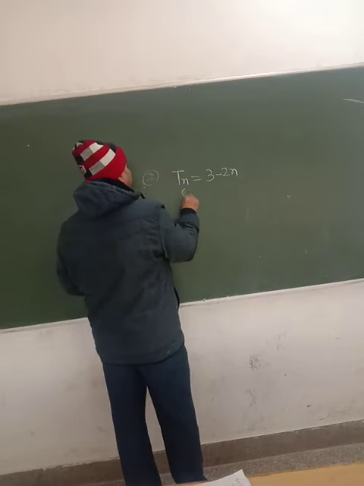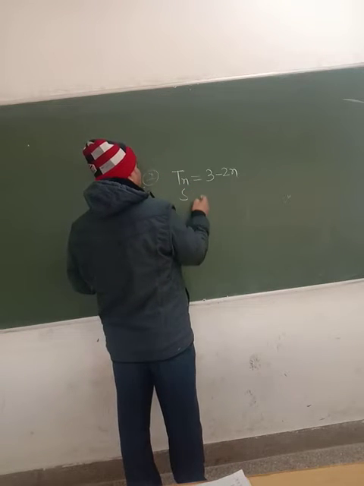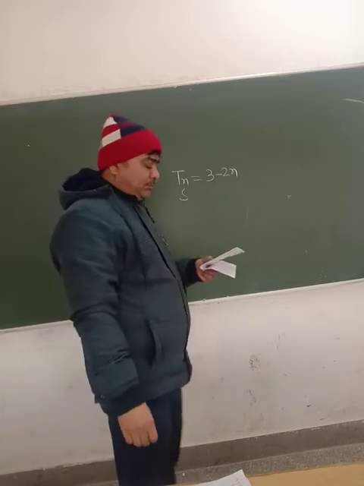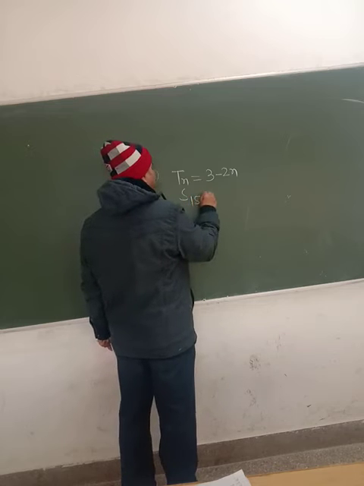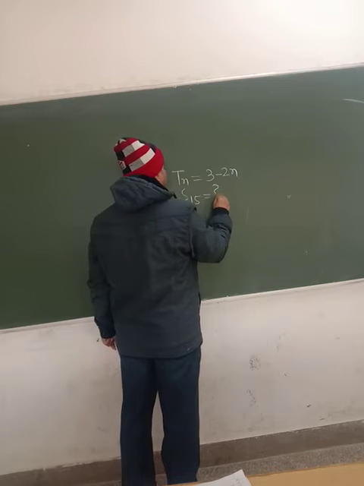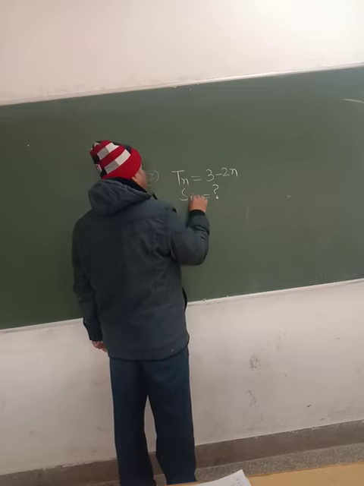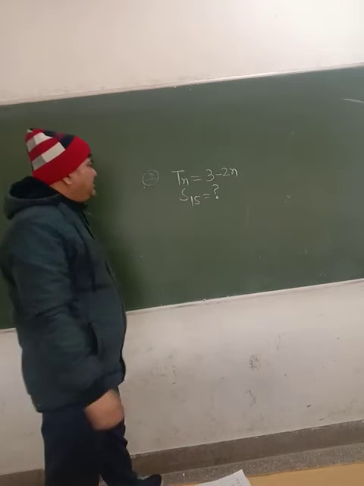It means what you have given? You have given formula for nth term, and what you have to find? You have to find sum of 15 terms, means S15. S15 आपको फाइंड करना है, तो यहाँ पर S15 लिख करके और ये question mark लिख दो इस तरह से. और हेल्प के लिए आपको दिया हुआ है only nth term.